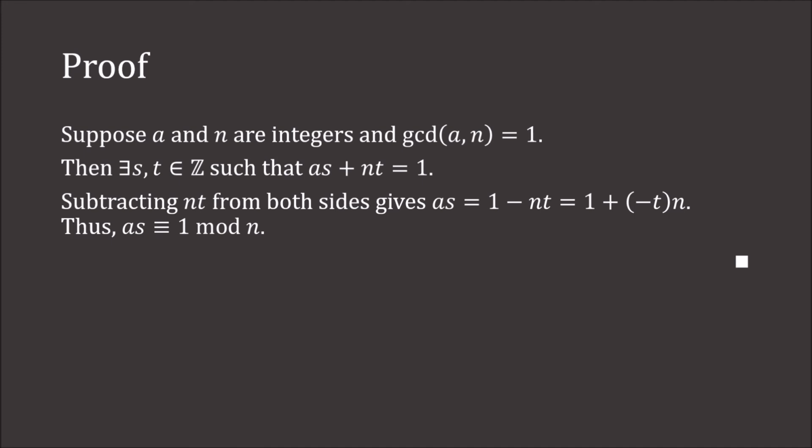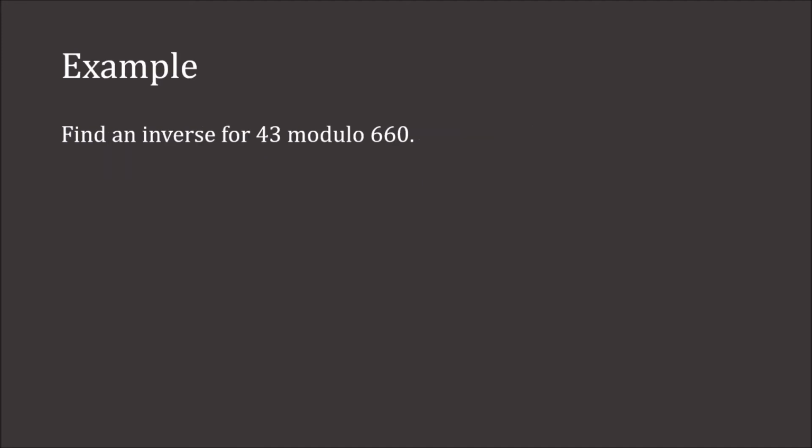So we now wish to find an inverse for 43 mod 660. So first, we'll check to see if an inverse is guaranteed. So we want to check the GCD of 43 and 660. However, we're going to do this in a little bit of a different way.